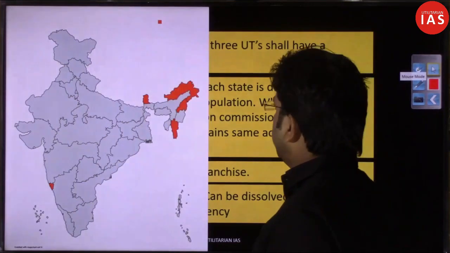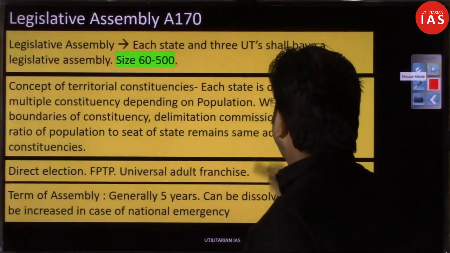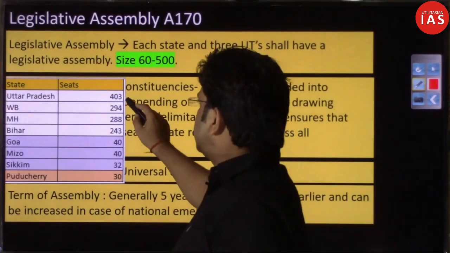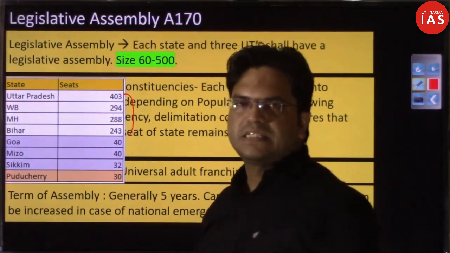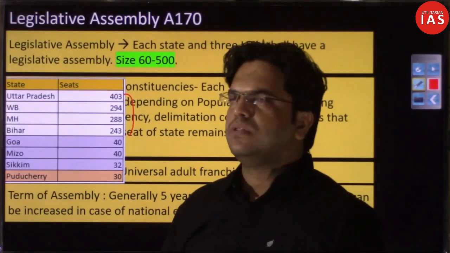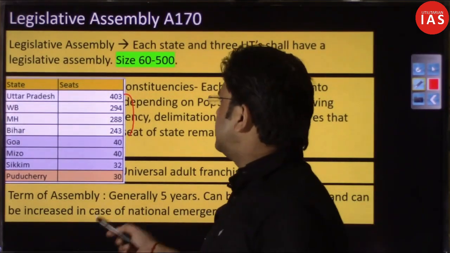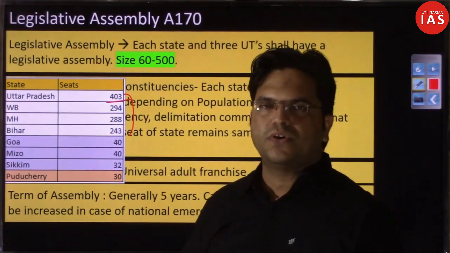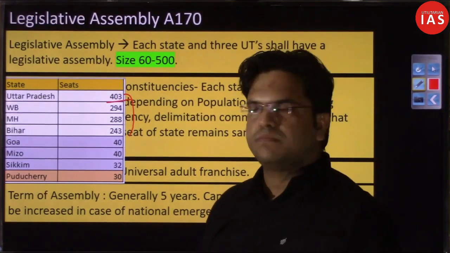If I talk about the maximum number of seats, Lakshmikant has a long list of what assembly seats each state has, but it is not humanly possible to remember all those seats and states, and neither desirable. So I have taken 3 or 4 states which have the most assembly seats.